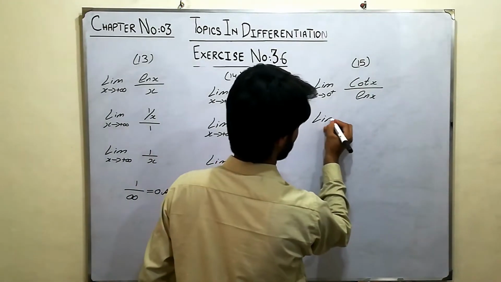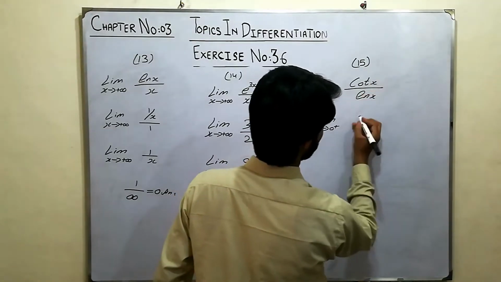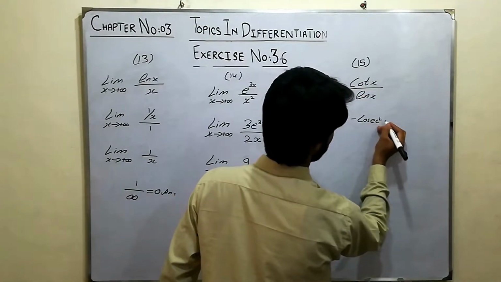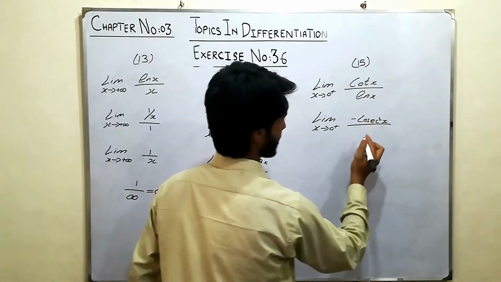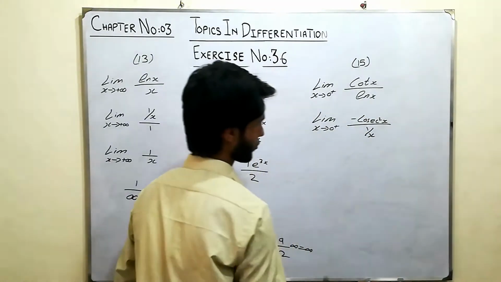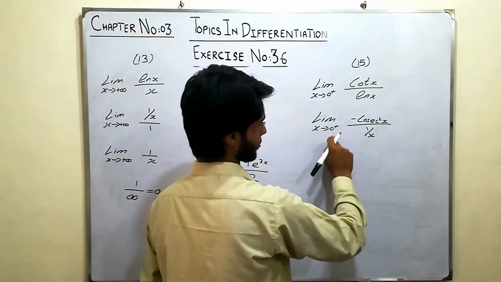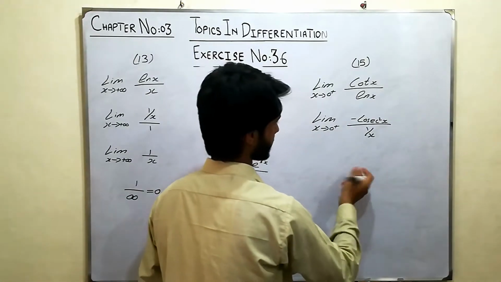Now take the derivative. The derivative of cot x is minus cosecant squared x, divided by the derivative of ln x, which is 1 by x. Now if we put the limit, cosecant 0 is infinity, and 1 by 0 is infinity.